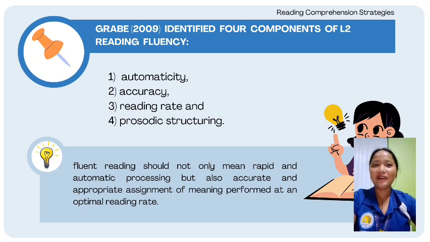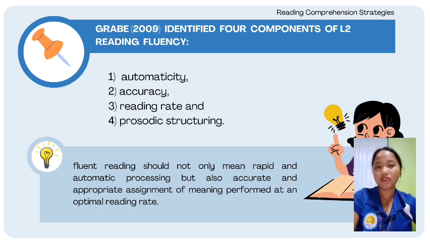Grabe emphasizes that fluency is not just about reading quickly, but also about processing text automatically, accurately, and meaningfully at an optimal pace. A fluent reader can read smoothly while making sense of the text efficiently, which ultimately enhances comprehension and overall reading effectiveness.